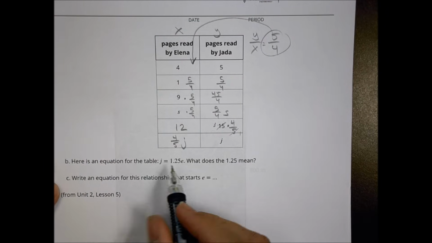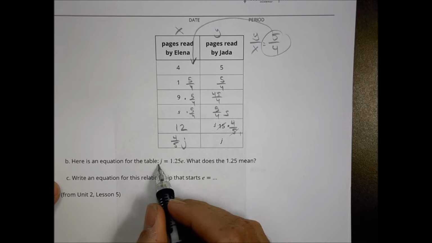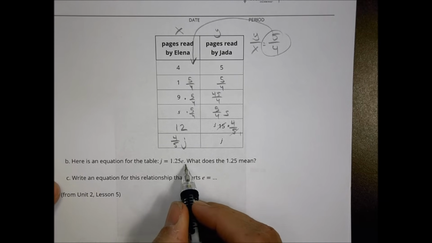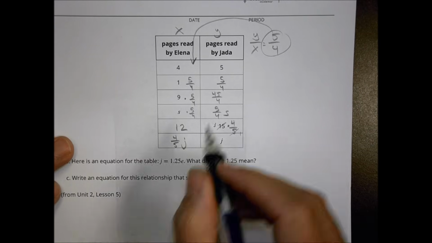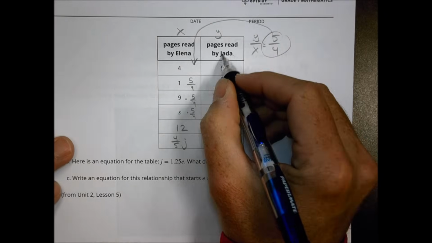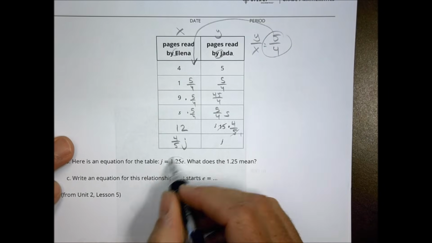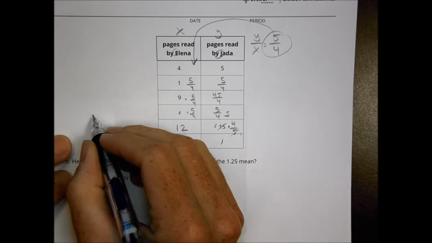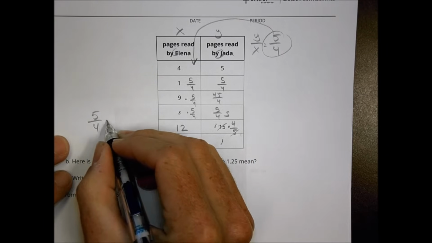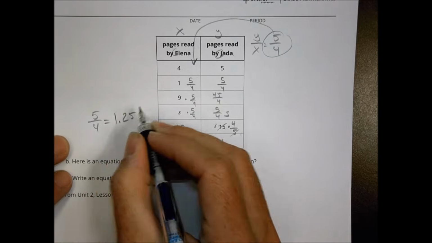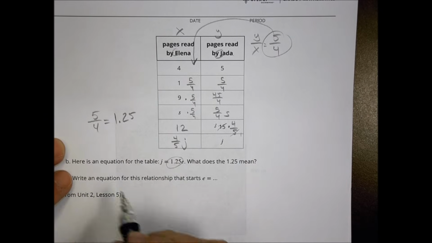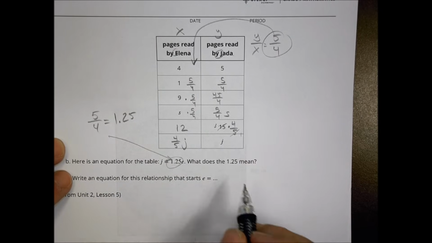So here's an equation for the table. J equals 1.25 E. Okay, so here's Jada, J, and E. Where did that 1.25 come from? Well, 5 over 4 is also 1.25. That's just the decimal notation for that fractional component. That's where that came from. So what does the 1.25 mean?